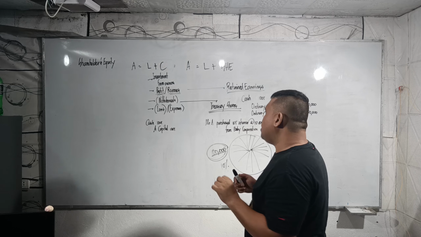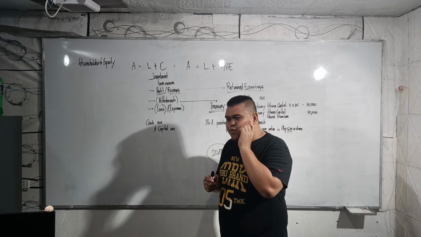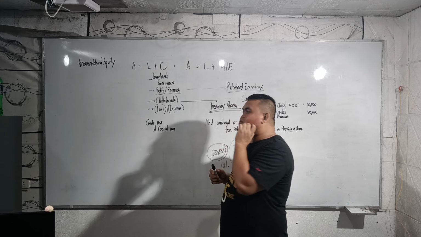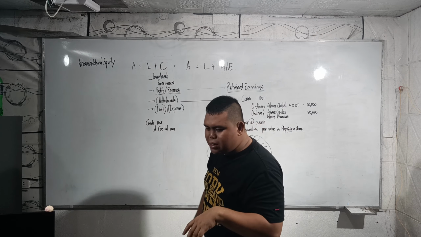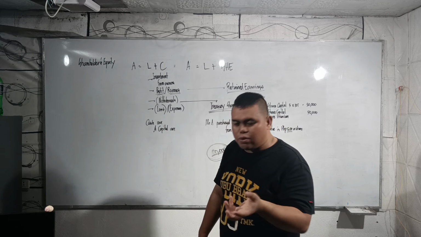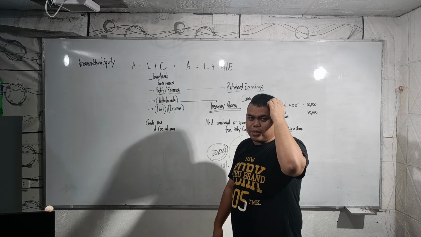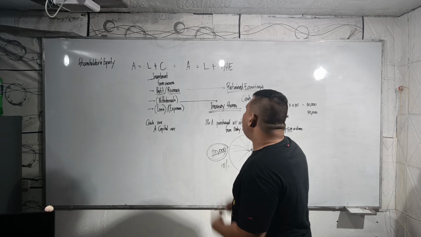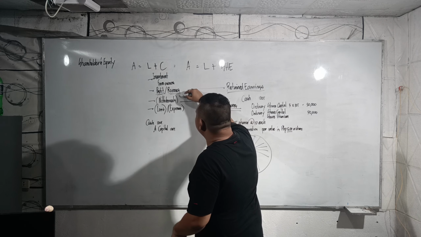What if we're talking about drawings? Drawings mean the getting of the share of profits only. This is true to partnership. If the partner has a net income share of 100,000 and he withdraws that, that is considered as drawings or temporary drawings. Here, in the corporation, we also have an equivalent for the drawings.